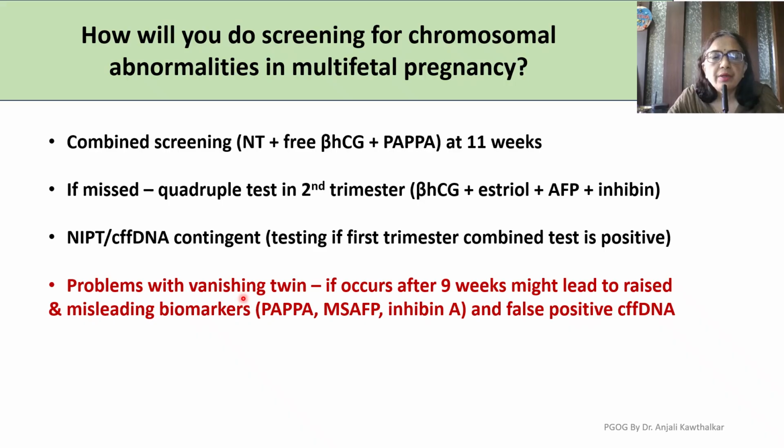If this death of the baby in first trimester occurs after 9 weeks, it might lead to raised and misleading biomarkers, especially pregnancy associated plasma protein A, as well as maternal serum alpha fetoprotein and inhibin A. All these are raised if the death of one of the babies occurs after 9 weeks. And there is an increase in the false positivity for cell-free fetal DNA that we have to remember whenever it is a case of vanishing twin.